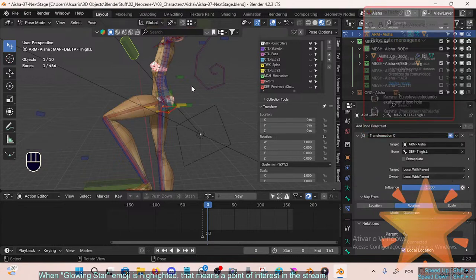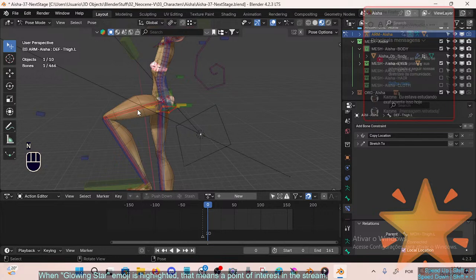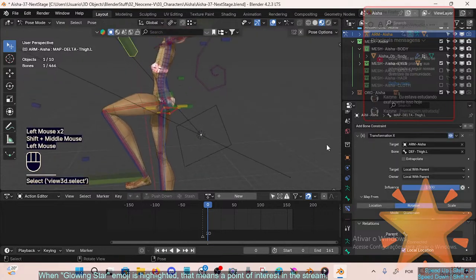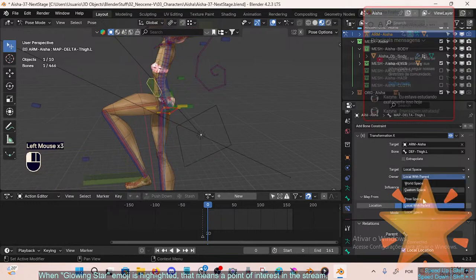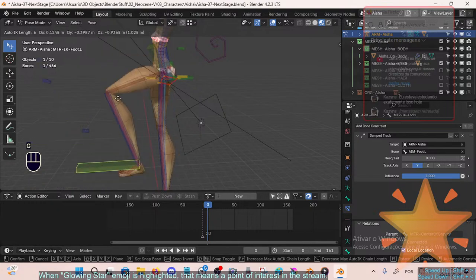But imagine any bone. The problem is that this bone's local coordinates are not changing if I pose it like this. Then if I have just local space, you'll see that nothing happens, right?